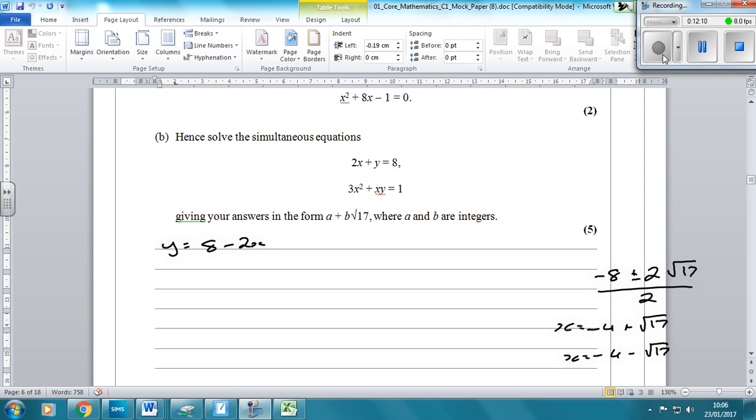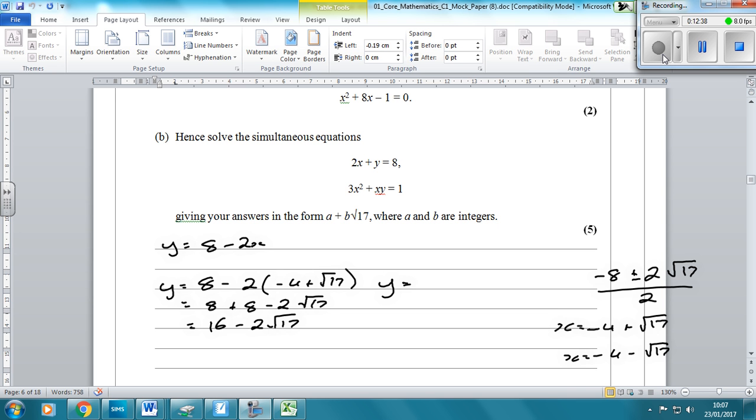That's the very first thing we did on part A. So y equals 8, take away 2 lots of x. That's going to be 2 lots of minus 4 plus root 17. So it's going to be y equals 8 plus 8 minus 2 root 17, which equals 16 minus 2 root 17.